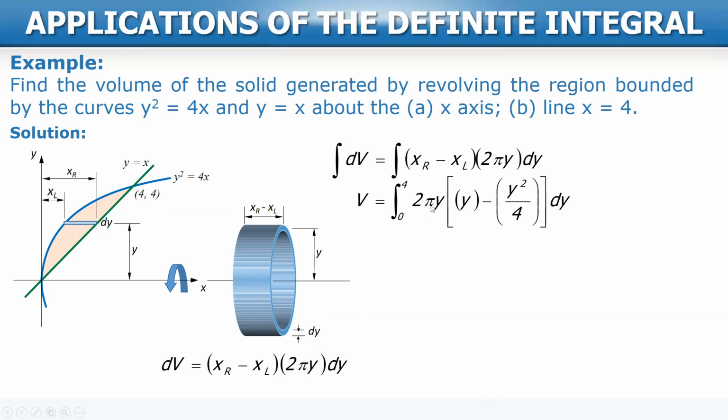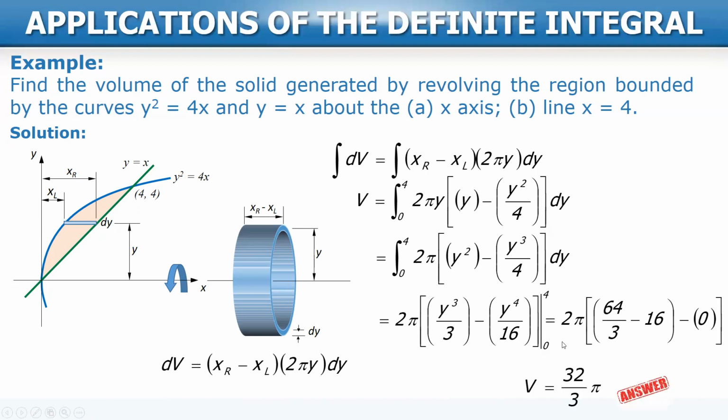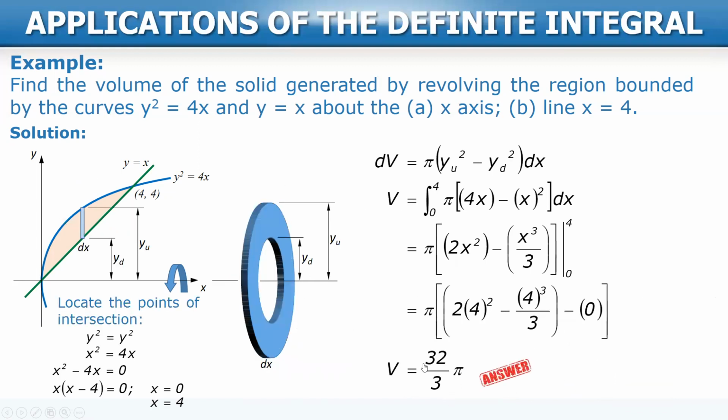And the next is you distribute y. And then integrate using power rule. And then evaluate from lower to upper limit. And then simplify. Let's check. The answer is 32 over 3 times pi.